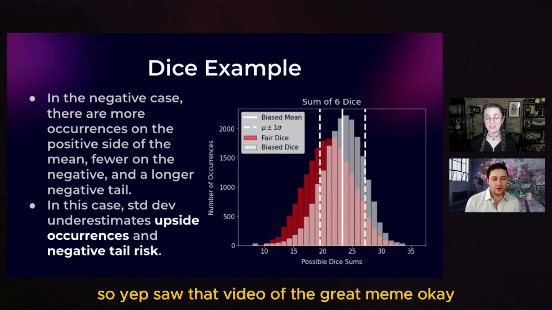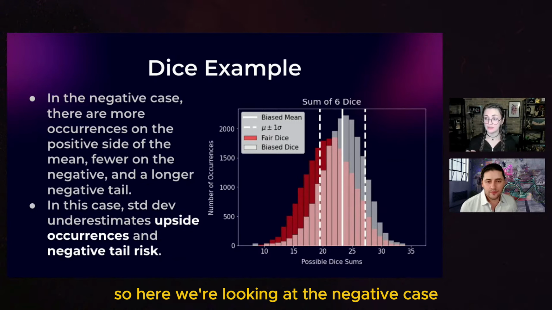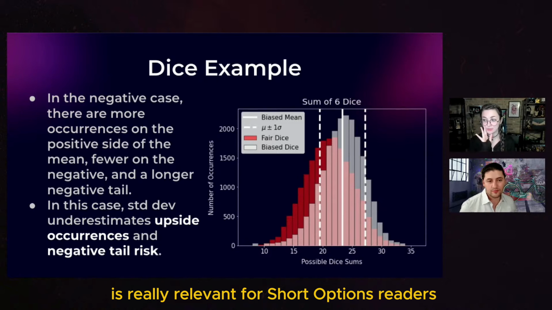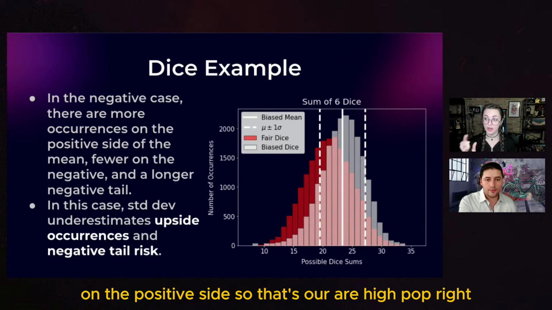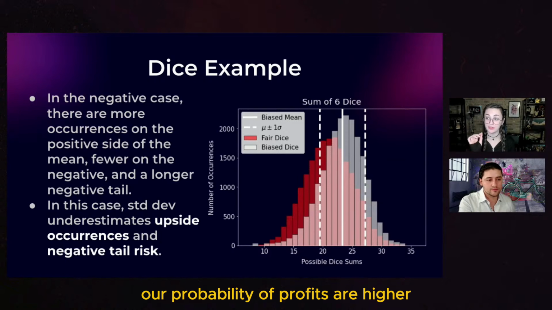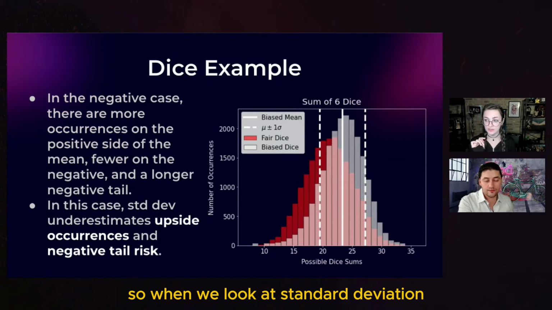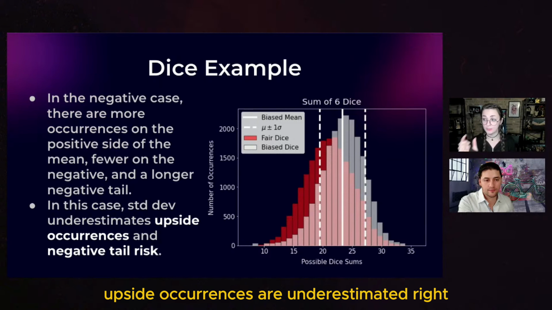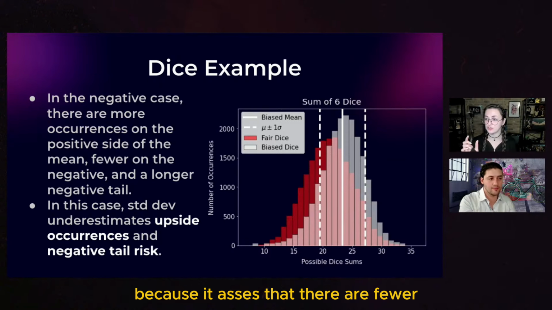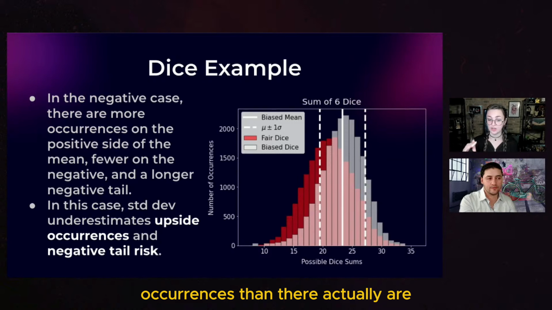That's a great meme. Okay, so here we're looking at the negative case, and we want to know, in this example of the negative case, which by the way is really relevant for short options traders, we see that there's a lot more occurrences on the positive side. So that's our high POP, right? When we're trading short options, our probability of profit is higher, but our tail loss potential is larger. So when we look at standard deviation, we actually see that the upside occurrences are underestimated, because it assumes that there are fewer occurrences than there actually are.